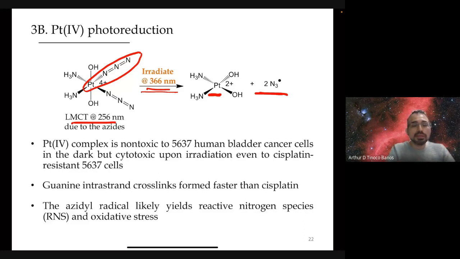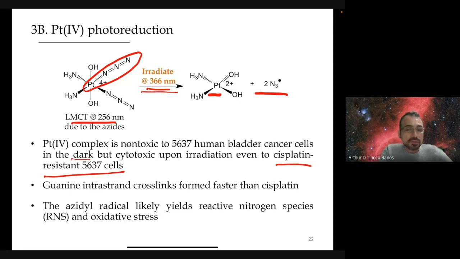This platinum(IV) compound is non-toxic to the 5637 human bladder cancer cells in the dark. So the compound has no cytotoxicity in the dark. However, upon irradiation, there is cytotoxic behavior even against the cisplatin-resistant version of these 5637 cells.